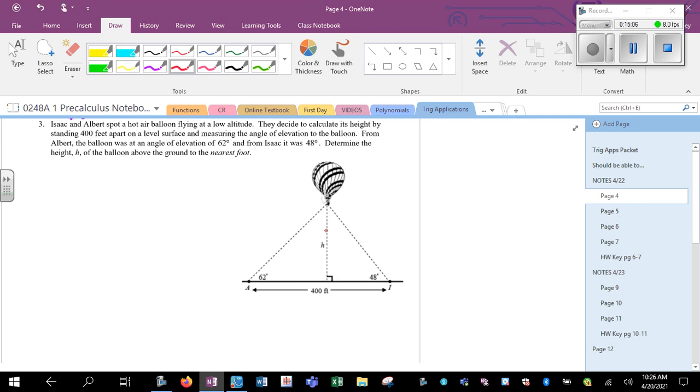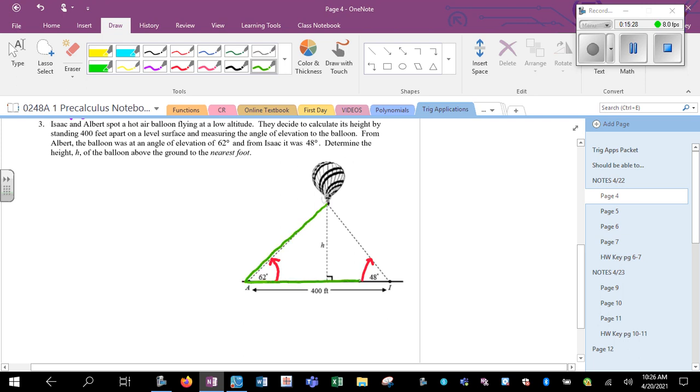Remember, an angle of elevation is from the ground up. So Albert's angle is 62 degrees. Isaac's angle is 48 degrees. We want to determine the height of the balloon to the nearest foot. So first thing we're going to do here is look at the entire triangle.